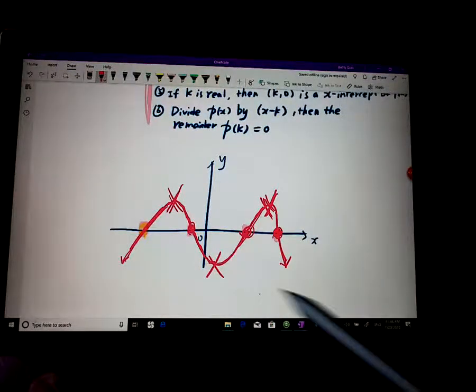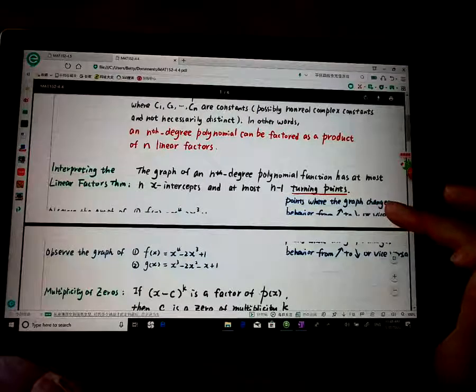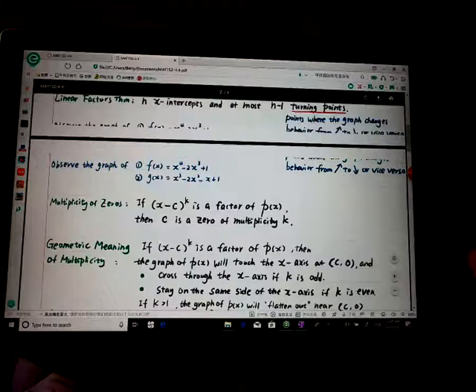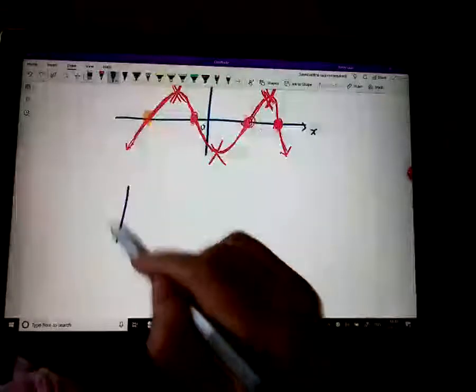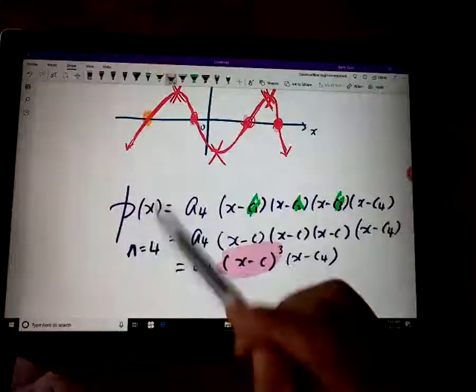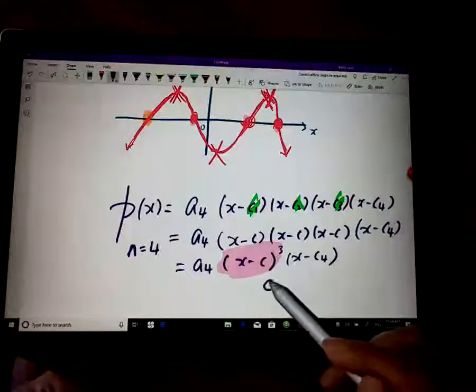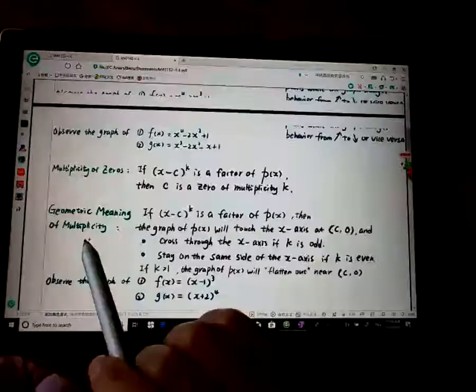So if we take the graph of a polynomial function with degree n zeros, for example we have p of x. That's okay.